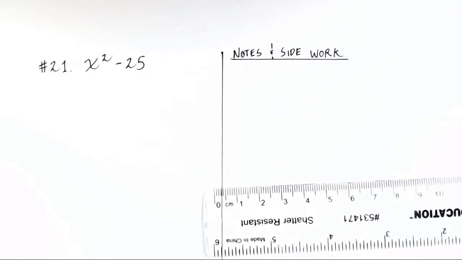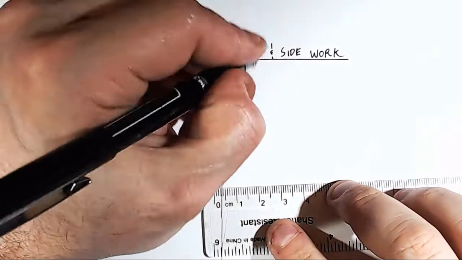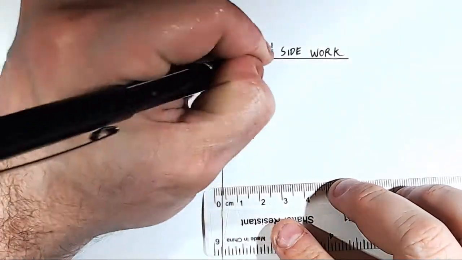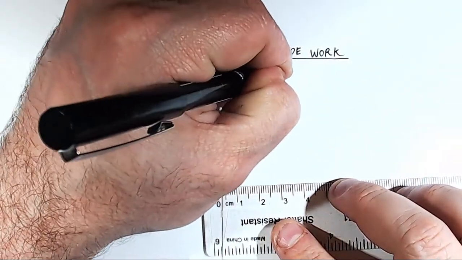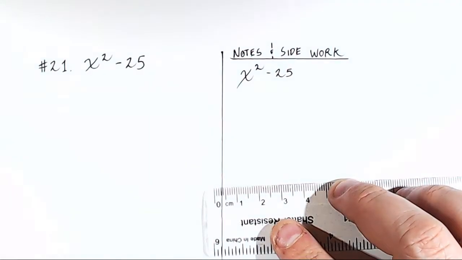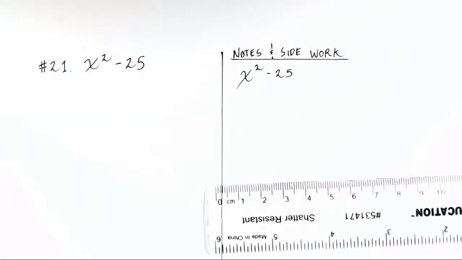Okay? So let's consider this for a minute. Let's look at x squared minus 25. What does it appear to be missing? This is what I'm trying to get you to think of. What is the standard form of a quadratic function?